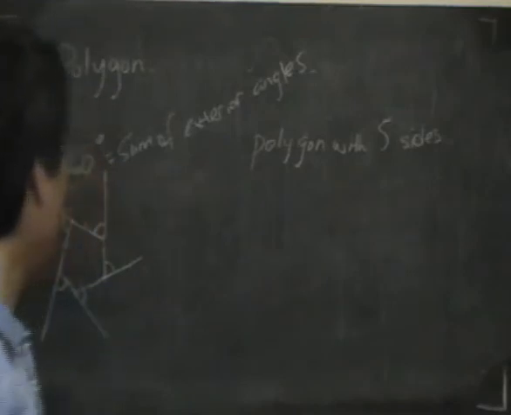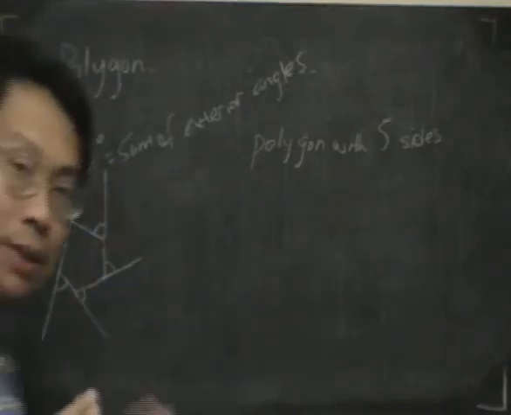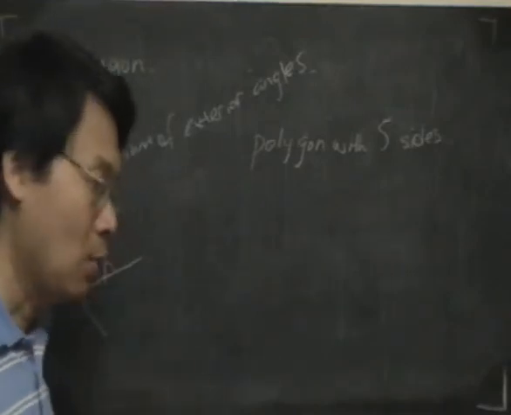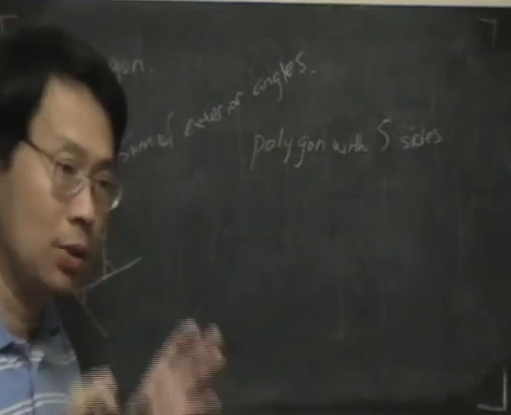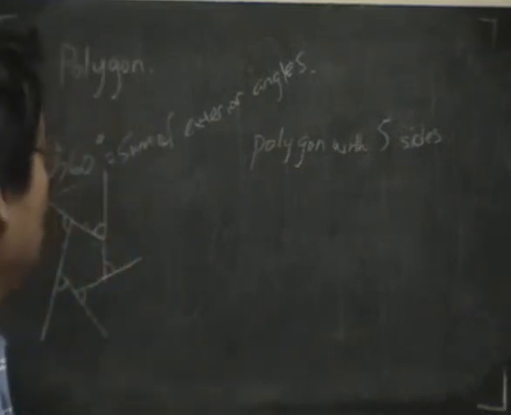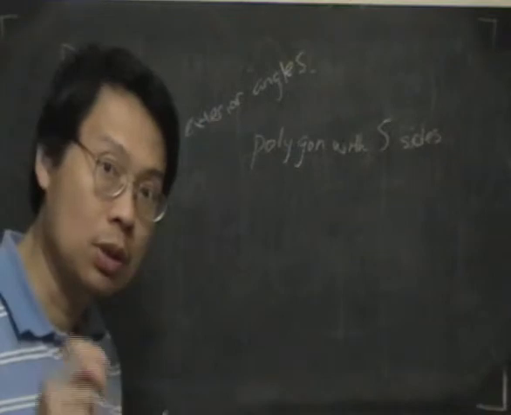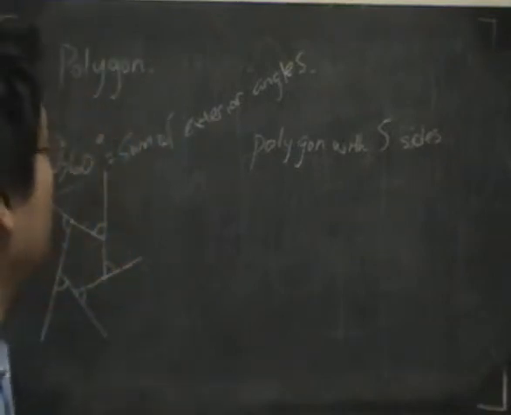Now I'm going to look at the simple case where all the sides are equal and all the angles are equal. This type of polygon is called a regular polygon.